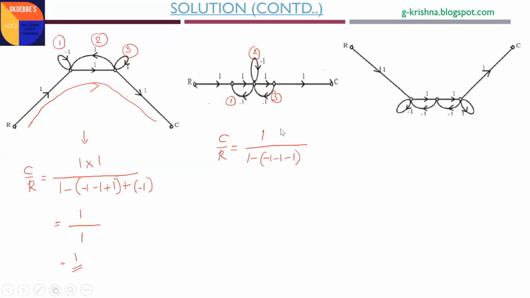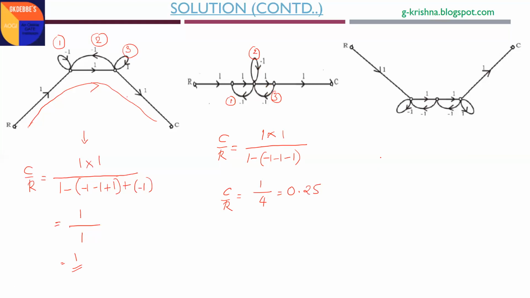Check for any 2 non-touching loop gains. Loops 1 and 2 are touched, 2 and 3 touched, 3 and 1 also touched. So there are no 2 non-touching loop gains, and delta 1 will be 1, since in forming this forward path gain, all the loops are touched. Hence, the second part of the SFG gain is 1 by 4 or 0.25.